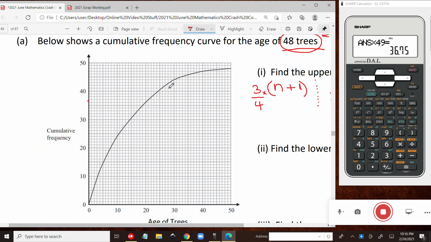Now, the program I'm using, I can't draw a straight line, but what you will need to do is take your ruler and go straight across. I'm going to try my best to go straight across. When you go straight across, you will eventually come in contact with the curve. When you come in contact with the curve, drop it straight down, and the number it falls on is the upper quartile.